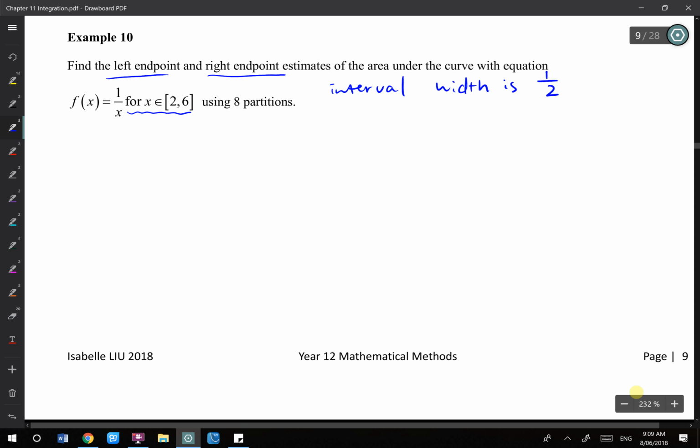Now use my method, the left endpoint. I start from the left, so it should be f(2).